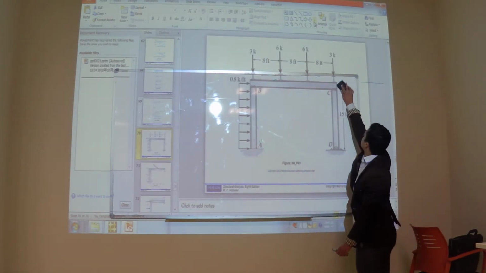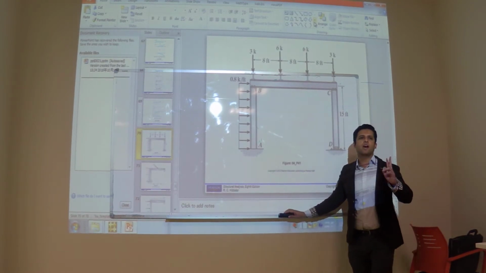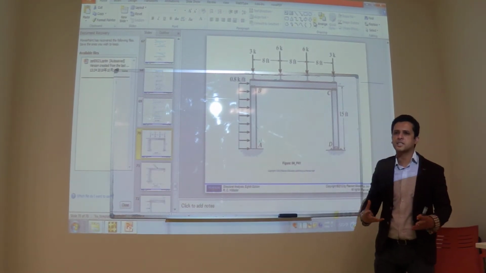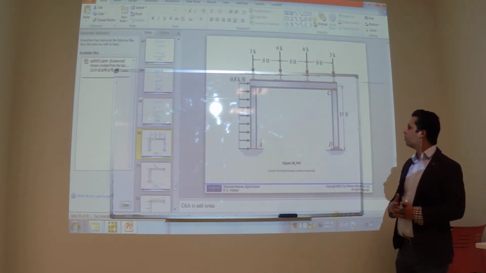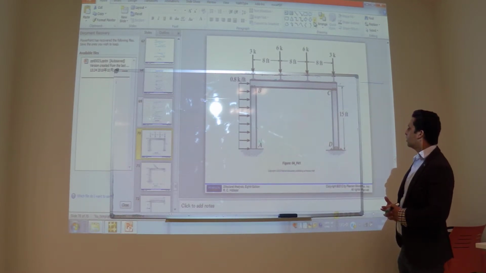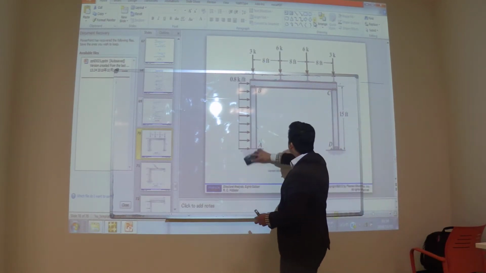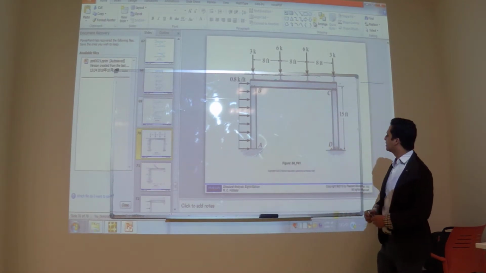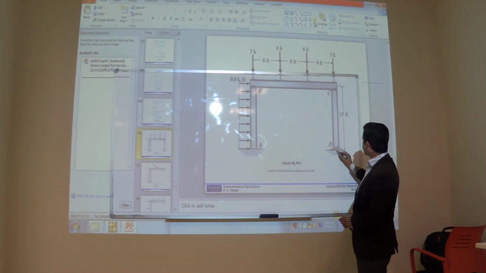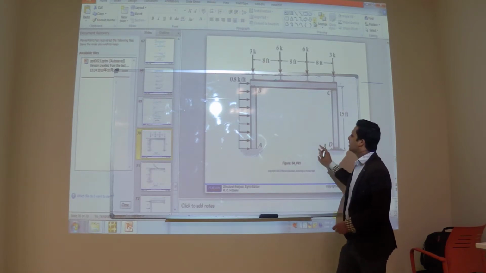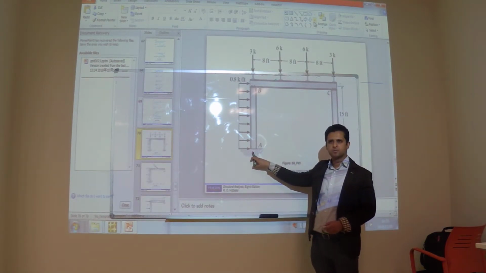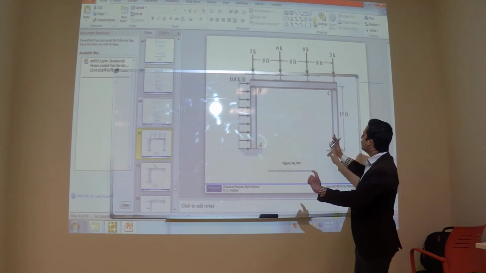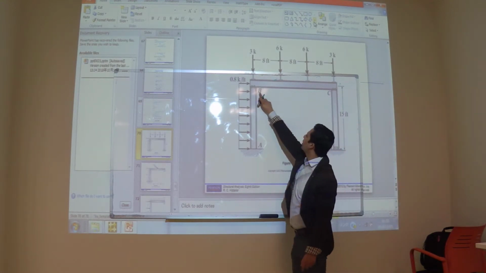You know pin. So at a pin we have two reactions. Now first step we have to find out the reactions. There will be two reactions here, three reactions here, and two reactions here, two reactions here.